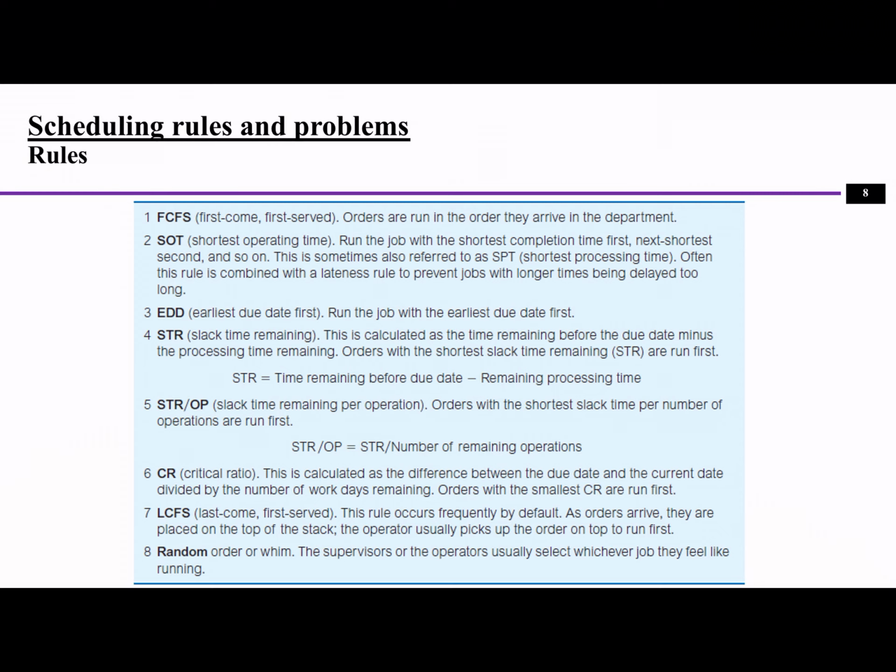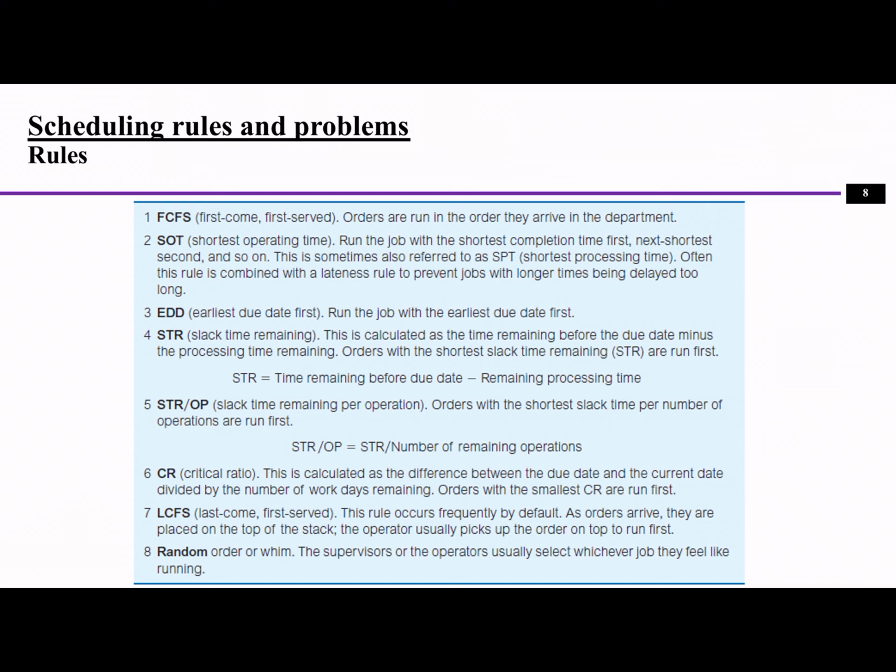The next one is the shortest operation time, which means we sort all the orders by their operation time. The order that requires the shortest operation will be finished first, and we keep the longest operation time to the last.